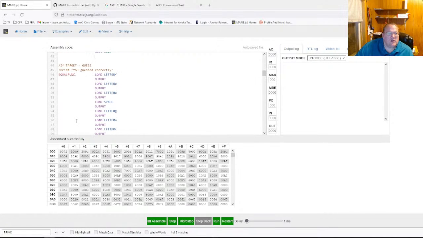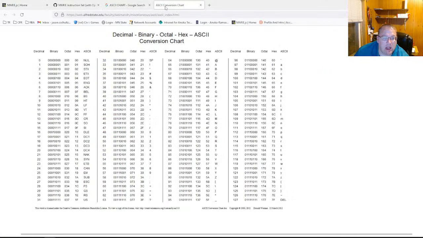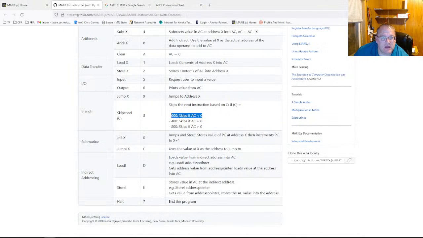Okay, so what we'll want to do then is determine whether it's negative. So skip condition if it's negative. All right, so if it's less than 0, yep, we just need to skip if it's negative.